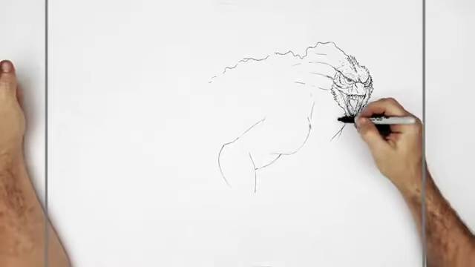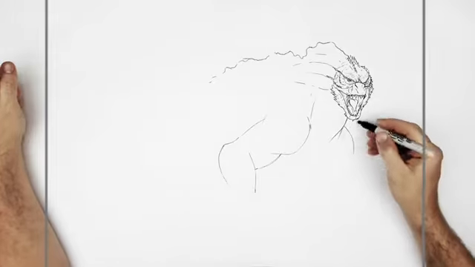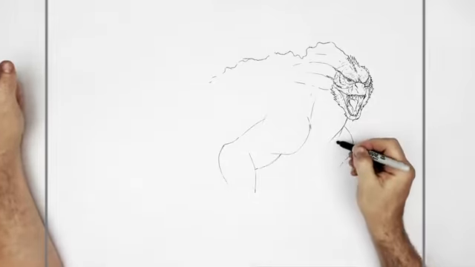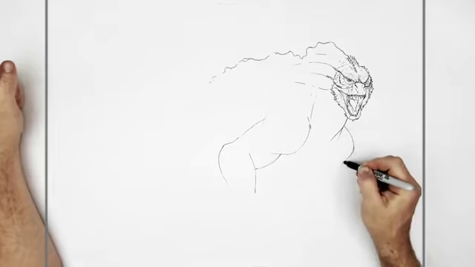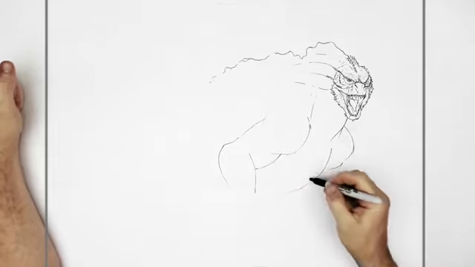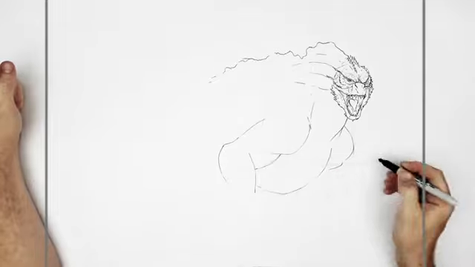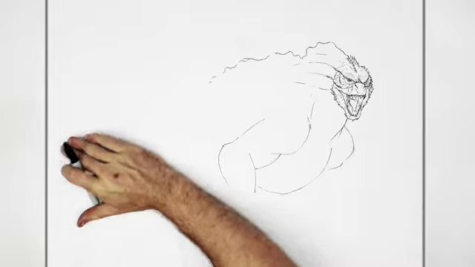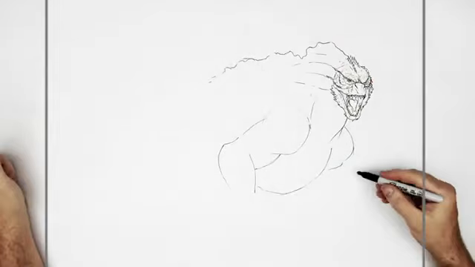So the other shoulder, kind of hunched over here, and then the chest and body goes down behind the arm, up under here. Okay, so then long body going that way, and then loads of spikes and fins.